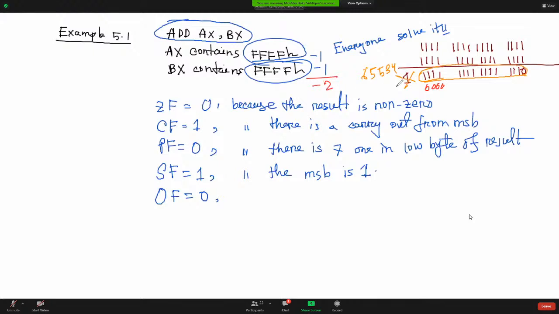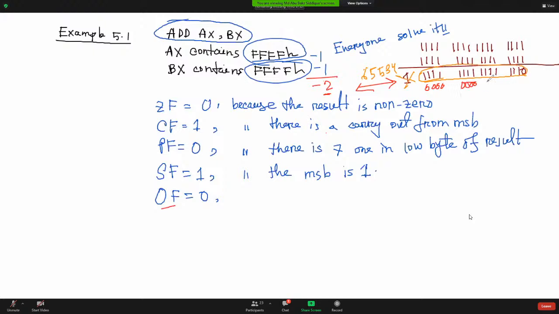The signs may be different, right? Yes, sir. If the signs are different, then overflow will be 1, and if they are the same, then overflow will be 0. So it is minus 2. Okay, let's see what we get.